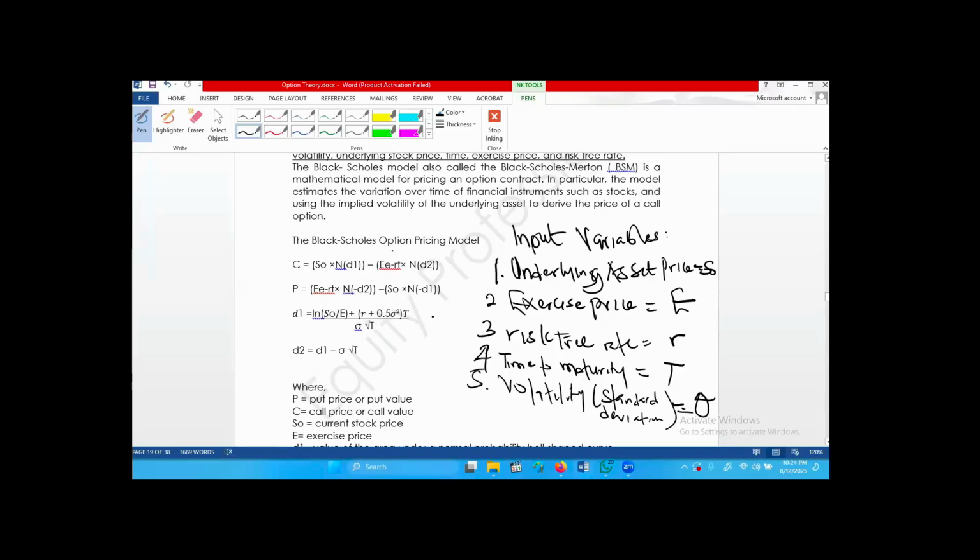You can use this formula to calculate the price of a call option or put option.